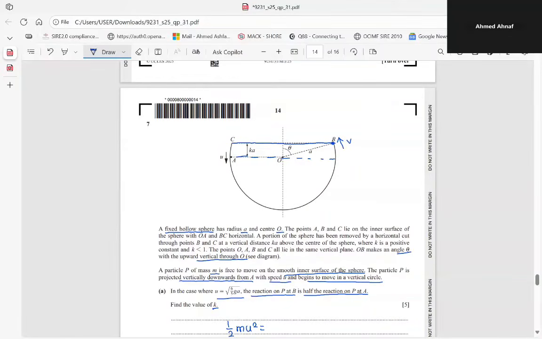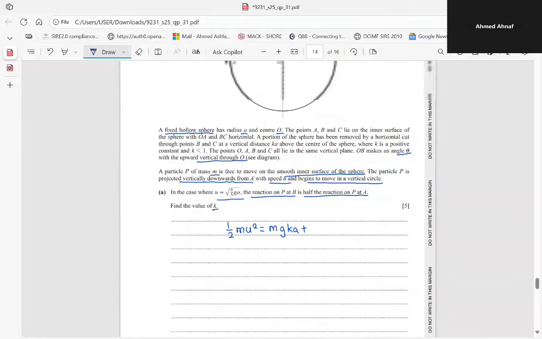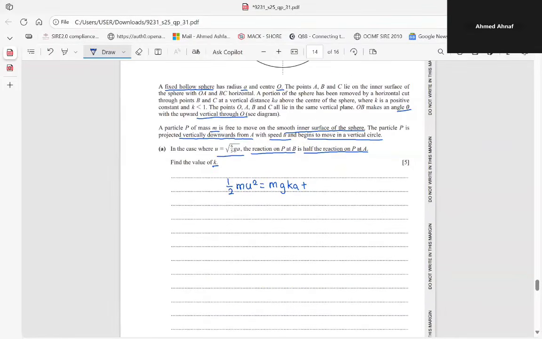Let's say the speed is v. And it's definitely above A, so there is GPE. We can see it's ka above A. So this is just going to be mgh, which is mgka, plus ½mv².